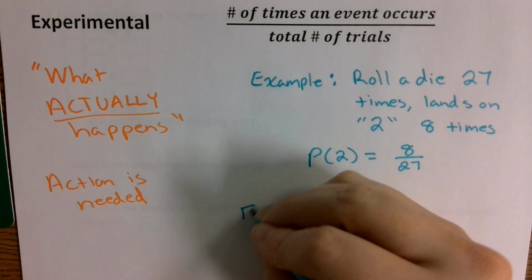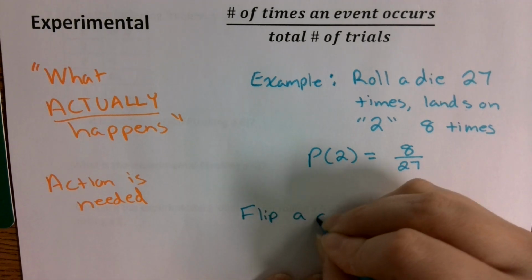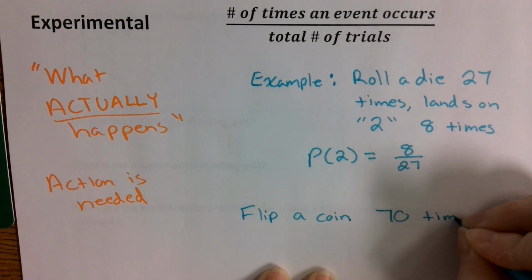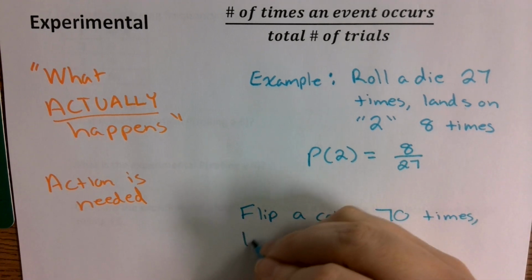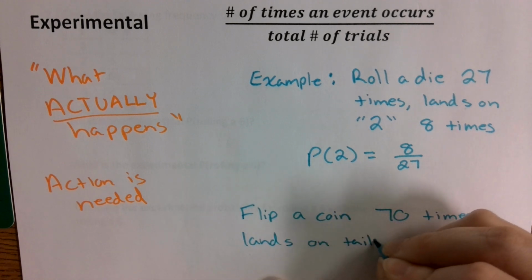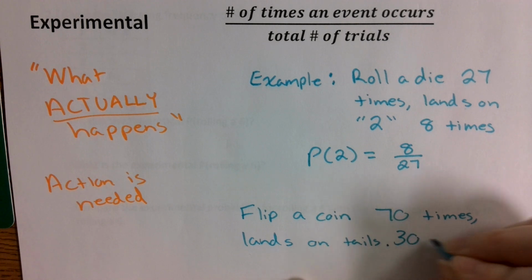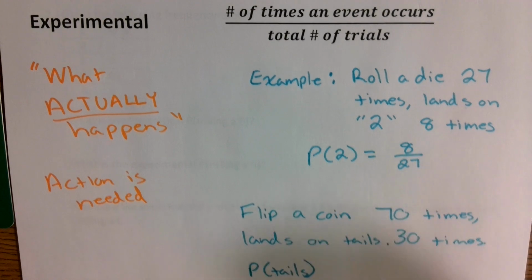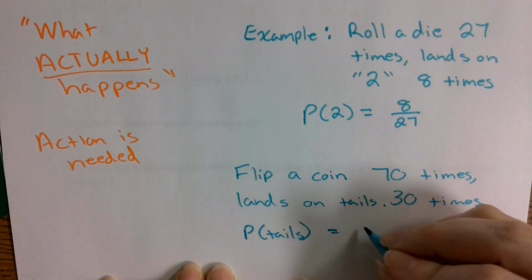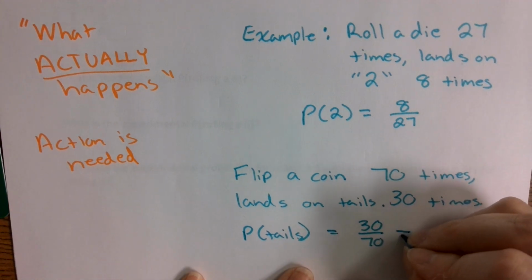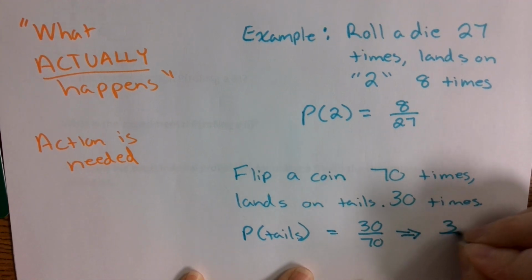Okay, another one. If I flip a coin 70 times, and it lands on tails 30 times, then the probability of tails, based off of my experiment, is 30 over 70, which we can simplify to 3 over 7.